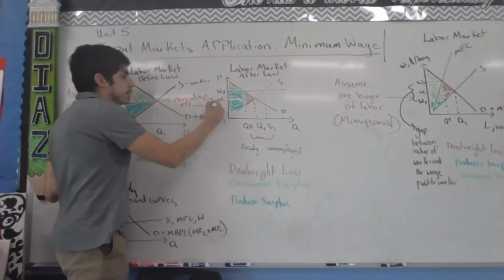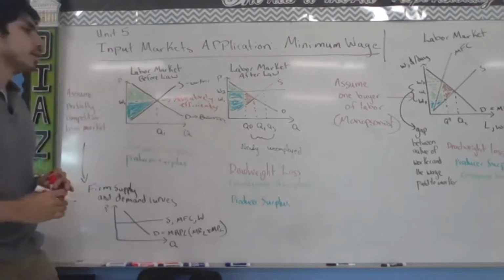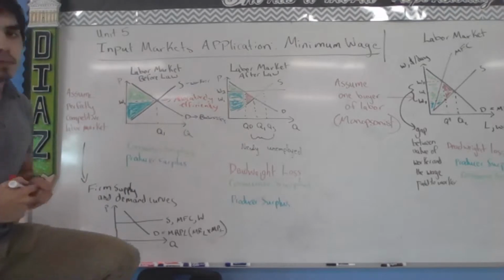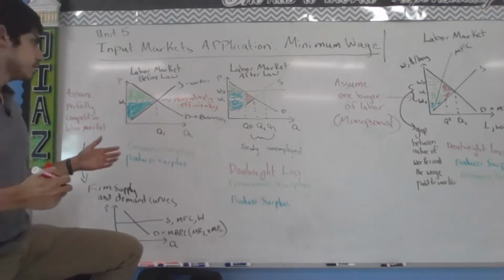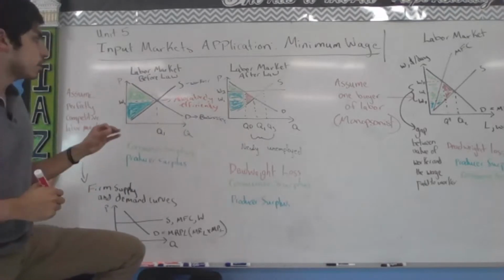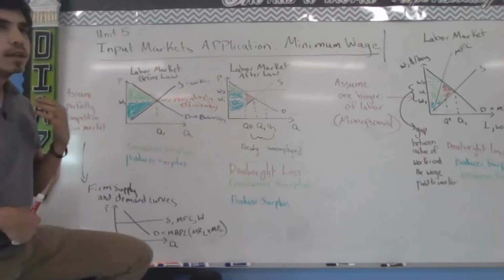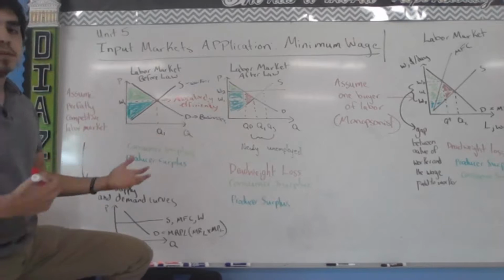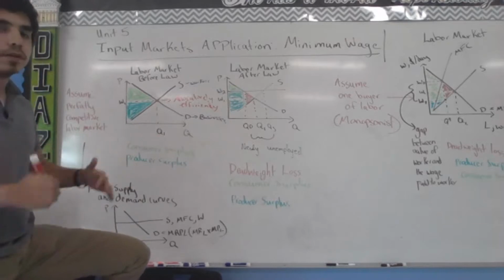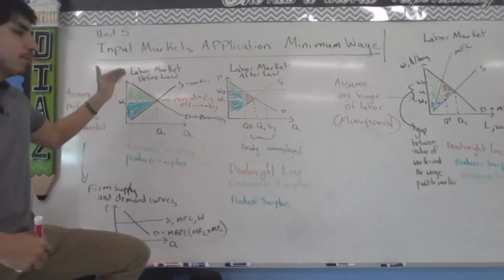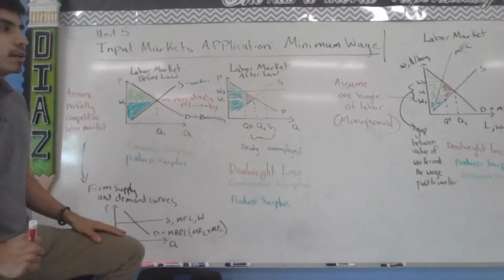We're going to achieve allocative efficiency. And what we mean by this is quantity supplied equals quantity demanded at this point. And so this means that the businesses that are going to enter the labor market and acquire labor are going to be the ones that value it at or above the price, right?